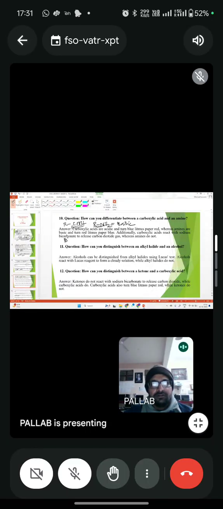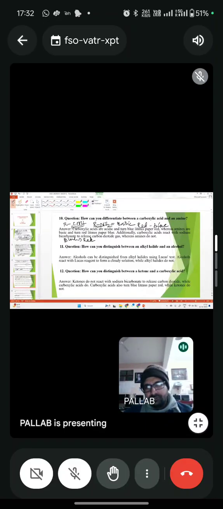It will convert blue litmus paper to red. Okay, and base changes red litmus paper to blue. Now, this is one indicator which you can use to distinguish between carboxylic acid and amine.